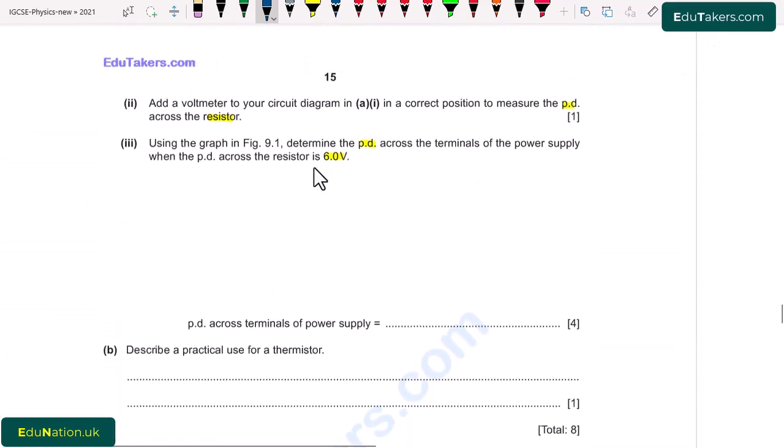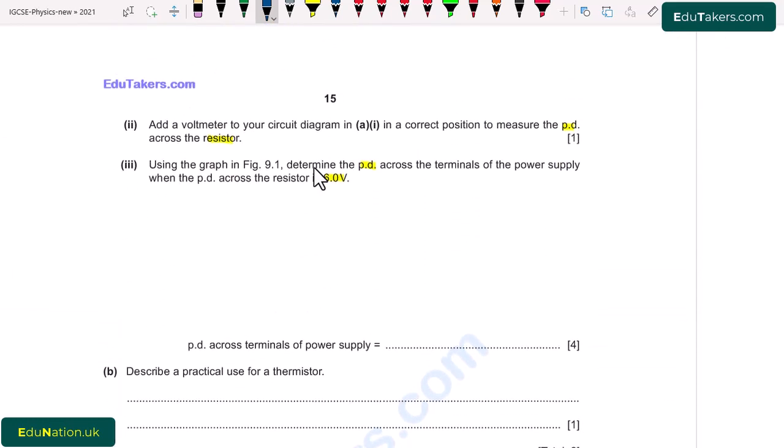So I write here, the current in the circuit is 0.4 ampere.